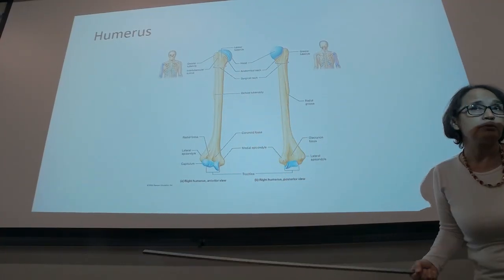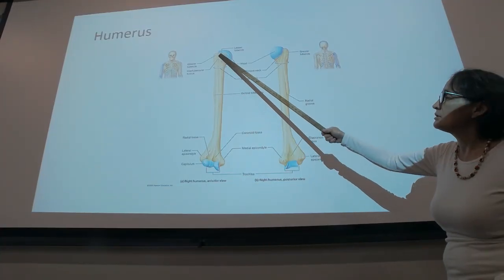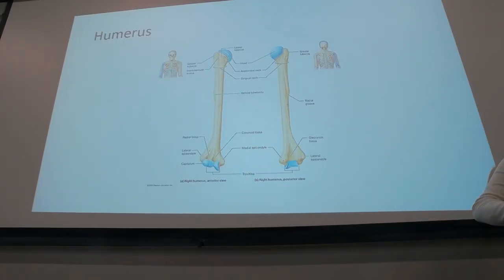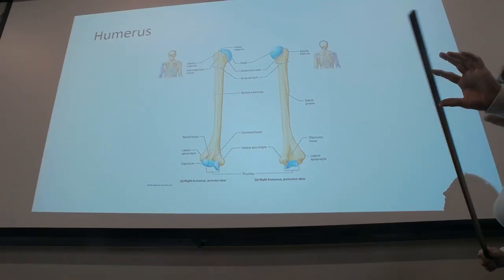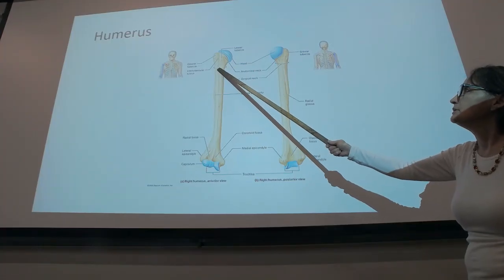Sulcus is another name for groove. Through this intertubercular sulcus, we have the sliding of a tendon from this muscle that we have anteriorly in our arm. This is the biceps. So that biceps has a tendon that runs here in the intertubercular sulcus.